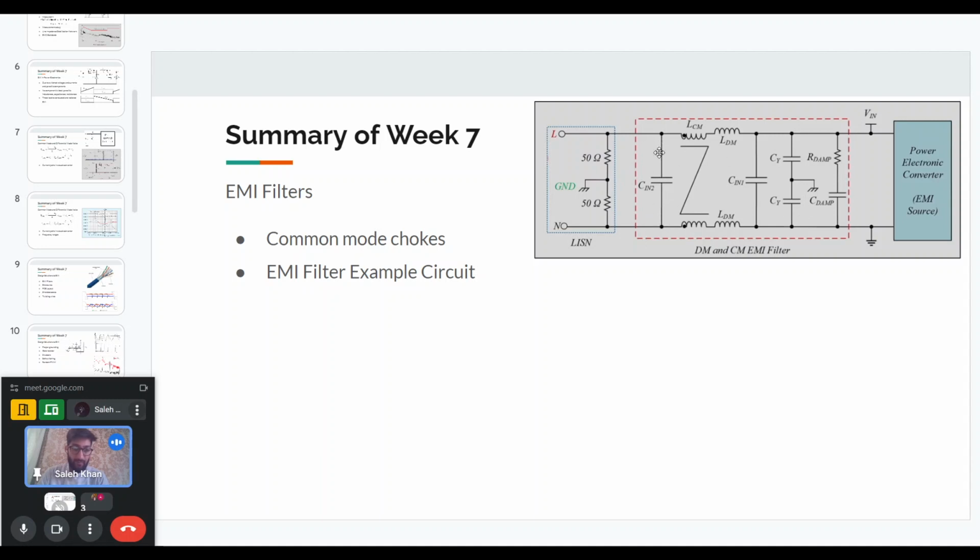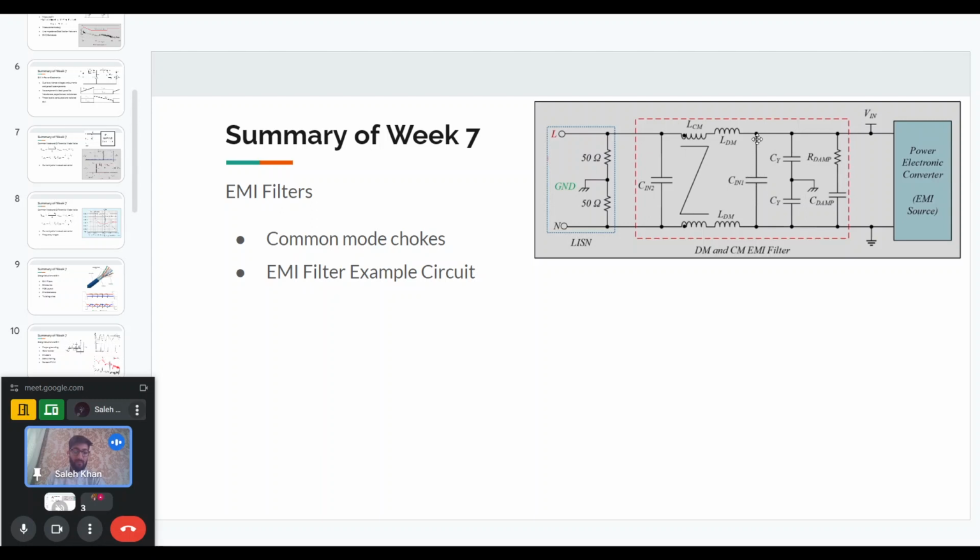We have one capacitor in the beginning, and then we have some inductances. The common mode inductance will be the choke that we saw, and the differential mode inductances will be the normal inductances that we see. And then we have some more capacitors.